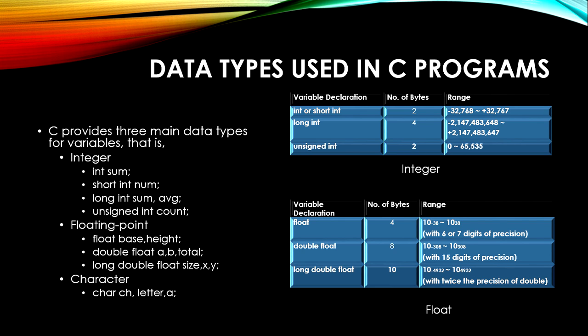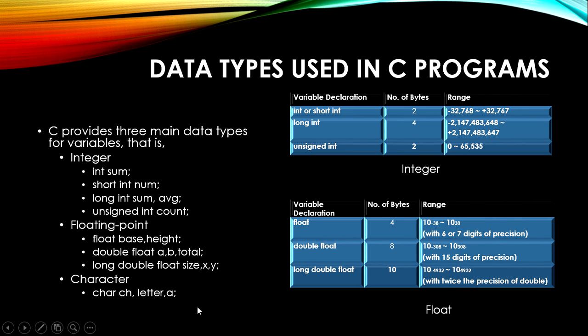The mantissa is the value of the number and the exponent is the power to which it is raised. Some examples of floating point variable declarations are float base, height; double a, b, total; and long double size, x and y.